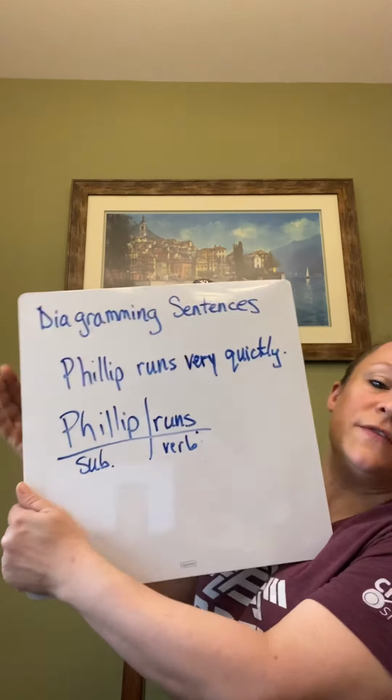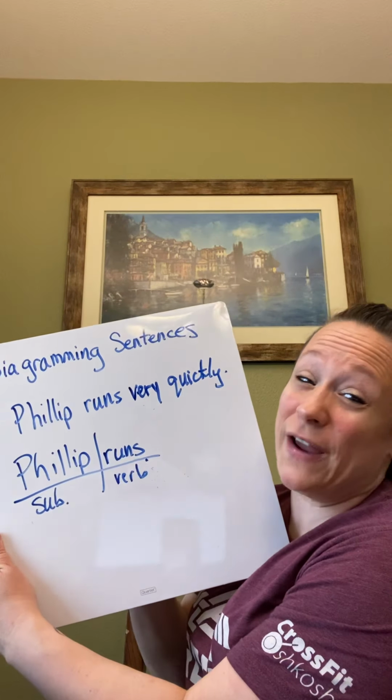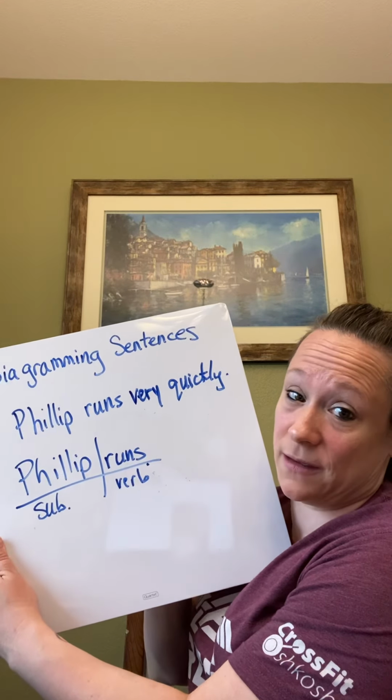Now, I'm going to add to this sentence. I'm going to say he runs very quickly. So I left our subject and our verb, Philip runs. So very quickly, so very is describing quickly, okay?